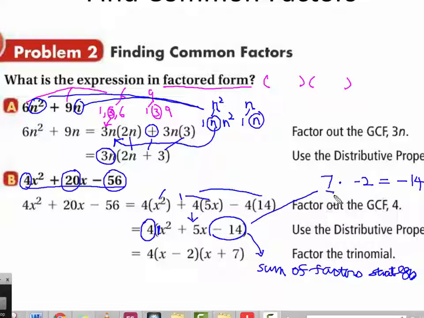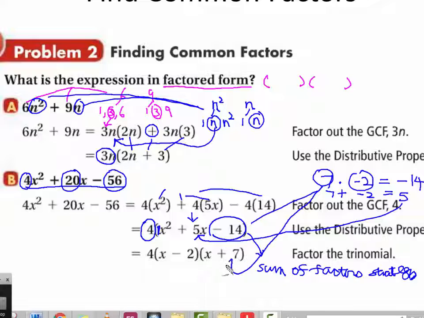And at the same time, 7 plus negative 2 is equal to 5, which is the b value here. Right now we know 7 and negative 2 is what we're going to pick. That's why you have x plus 7 here and x minus 2 here.